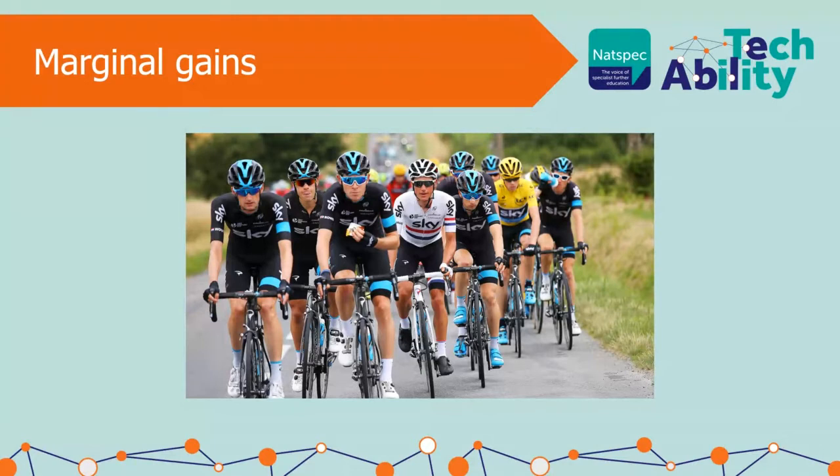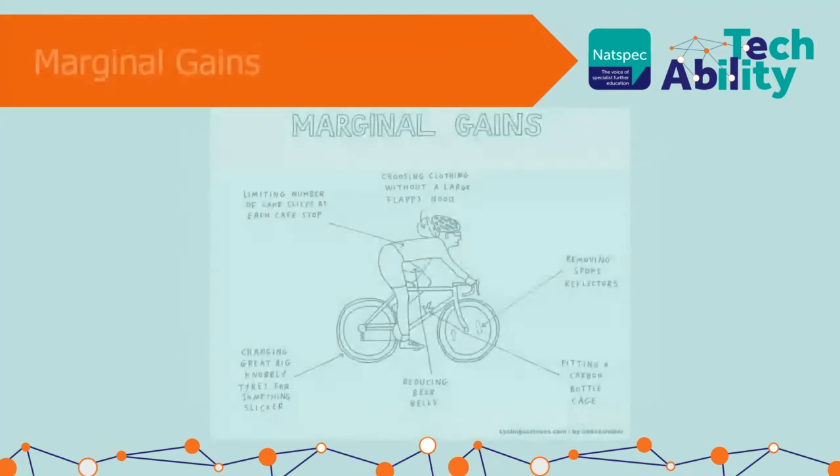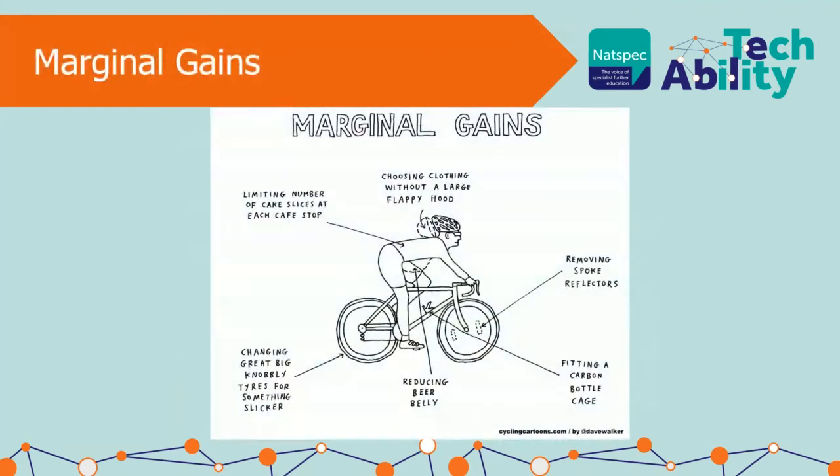This was credited to Dave Brailsford, who put this in place, and all of these tiny changes mounted up. That's pretty high level. My attitude to marginal gains, as a distinctly amateur cyclist, is a different approach. I'd much rather go for a cycle ride where there's a pub and a pie and a pint at the end than cycle hundreds of miles through France.